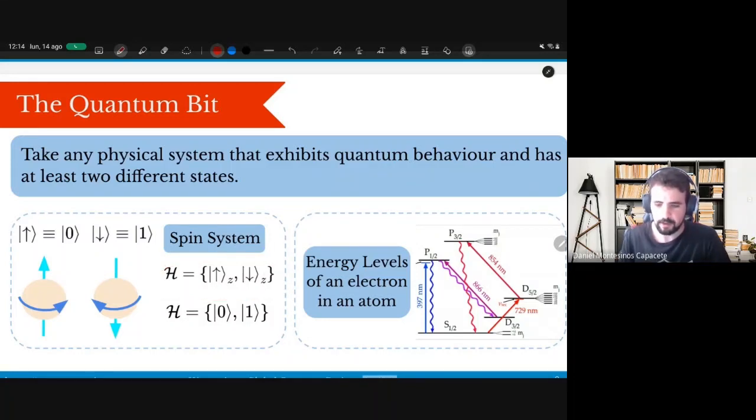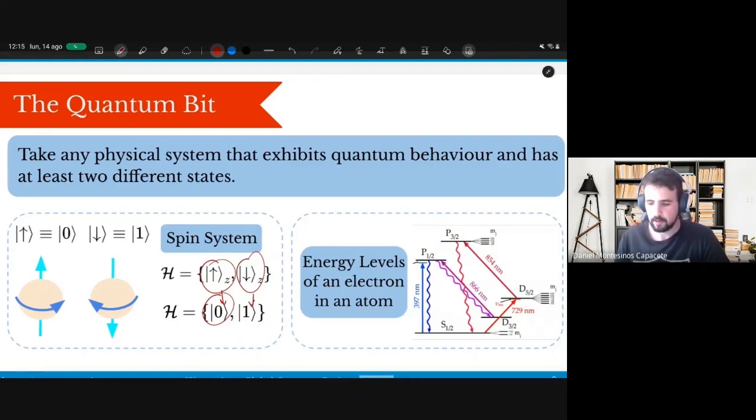So you can say that the up state can be your 0 state, and the down state can be your 1 state, and try to encode your 0 and 1 using this up and down state of the spin of your particle. It could be an example of how to make a qubit, right?